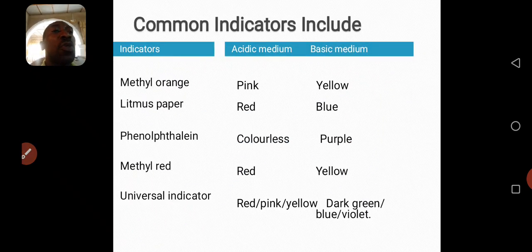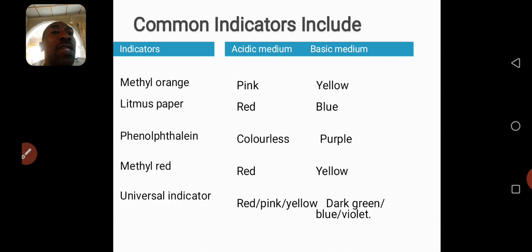Now let's look at some common indicators. We have methyl orange. Maybe when school resumes, we will be able to go to the lab and you see some of these things. Methyl orange in an acidic medium will turn to pink, while in a basic medium, it will turn to yellow. So that means if you put methyl orange in hydrochloric acid, for example, the color you will see will be pink.